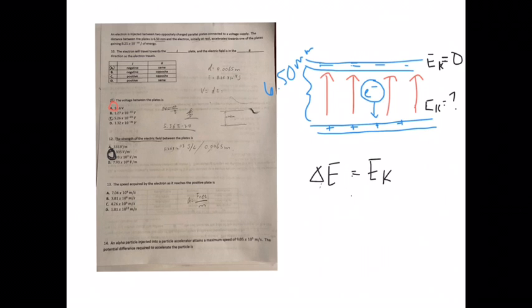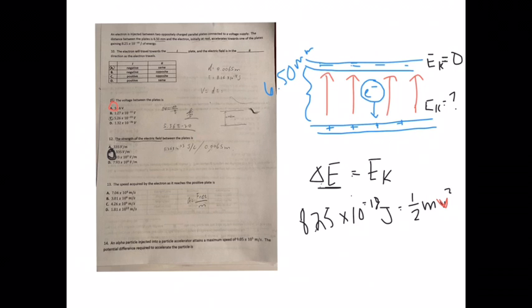So it gains energy, there's a change in energy because it's moving through a uniform electric field, and then it's going to have a final kinetic energy. We know that change in energy is all kinetic. So we have 8.25 times 10 to the negative 18 joules, and that's equal to all kinetic, so 1/2 mv squared. We're trying to find v, so we rearrange this equation and solve for it.